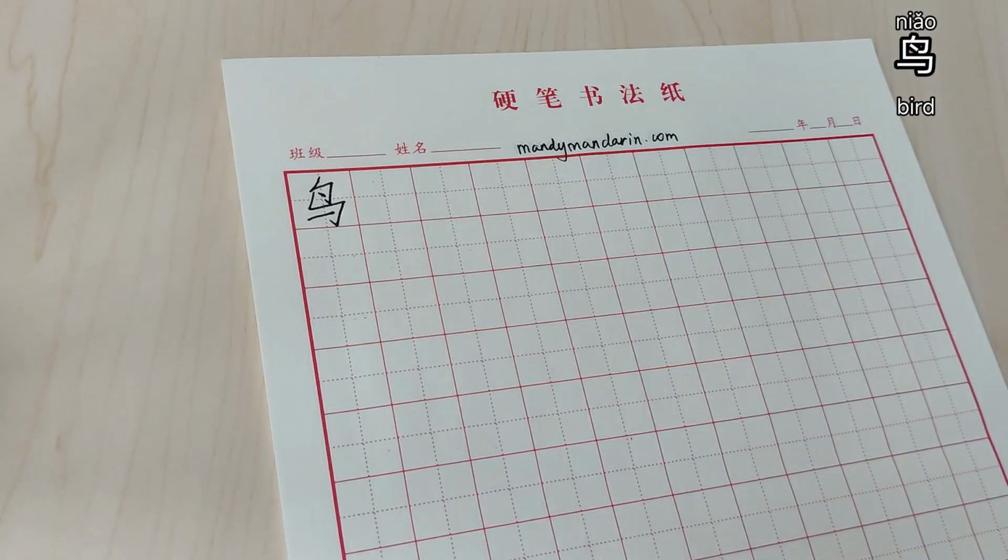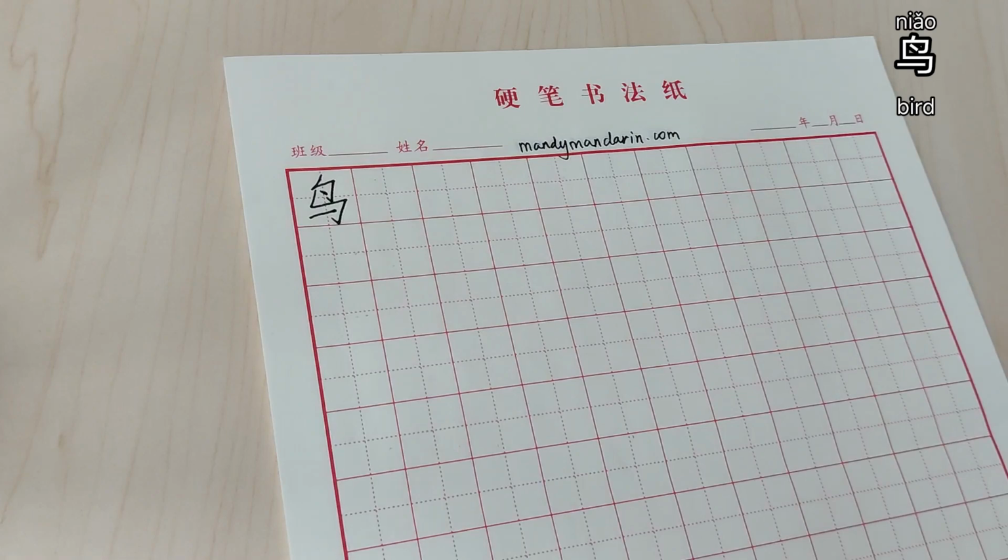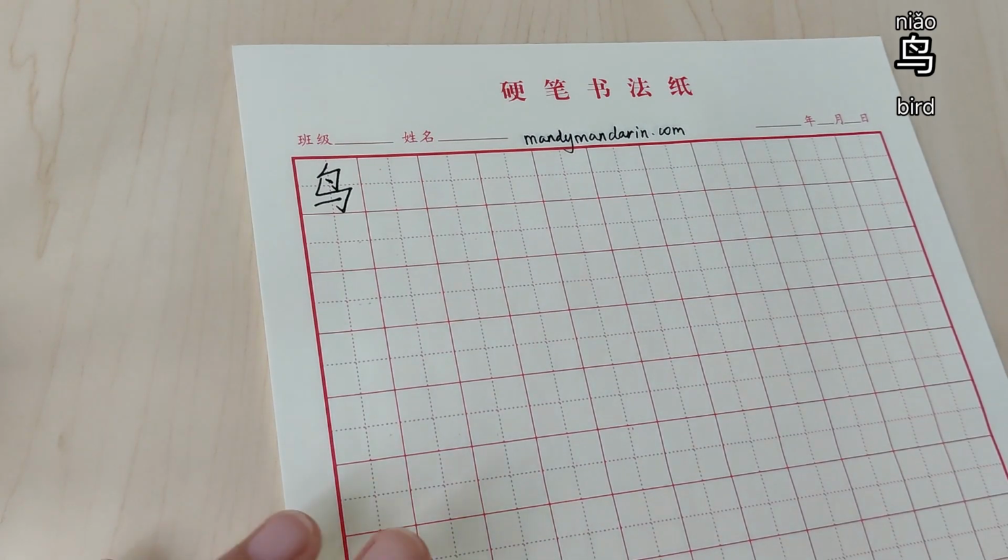Just like the many other characters I mentioned in this video, the niao is also a character that evolved from pictures. So here is a picture of the evolution of the hanzi niao. Alright, so now let's try to write the niao one more time.